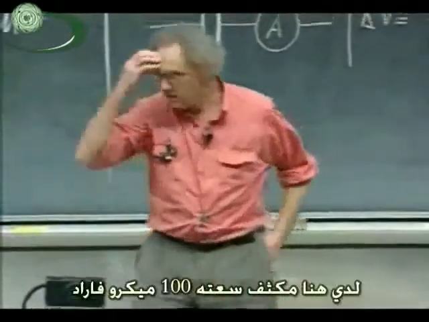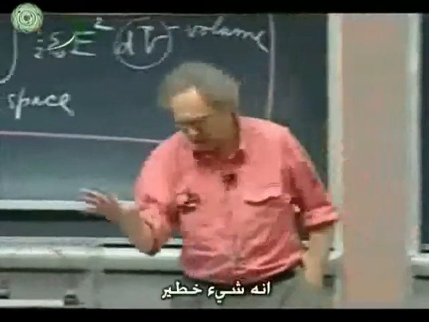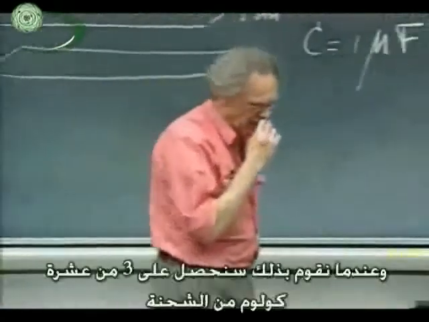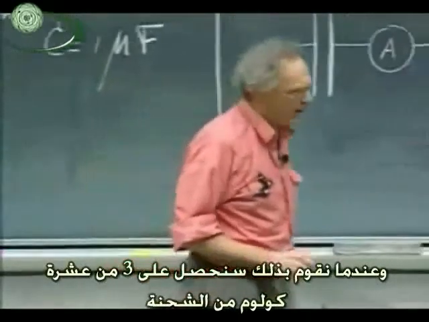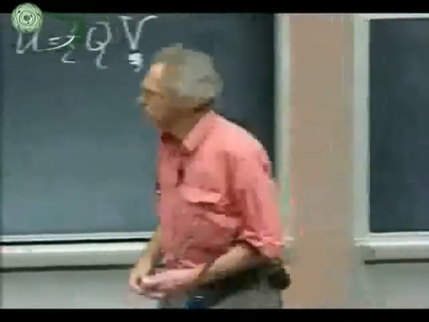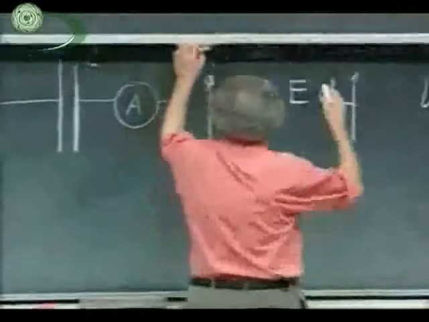I have here a 100 microfarad capacitor. It's a dangerous baby. And we can charge that up to 3,000 volts. And when we do that, we get 3/10 of a Coulomb of charge on that capacitor. I'll give you some numbers.